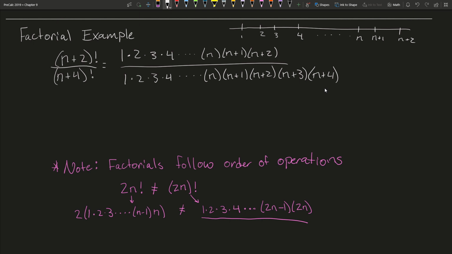Okay, so that's just replacing those factorials with what they're actually equal to. So all we did was substitute. And then we can cancel out common terms. Okay, so on the top, everything up until n plus 1 and n plus 2 cancels out all the same on the bottom. So we're left with 1 over n plus 3 times n plus 4. Questions about that example?